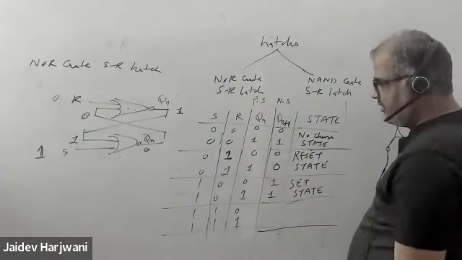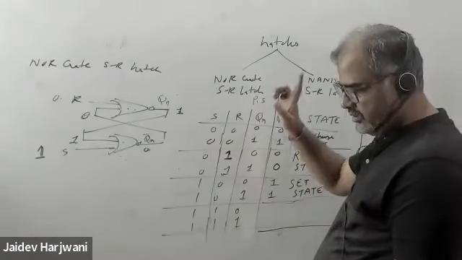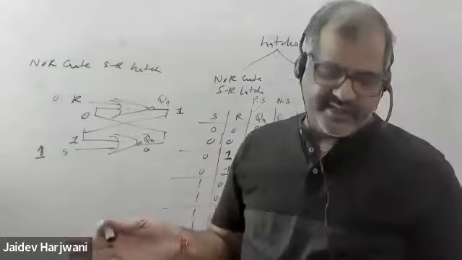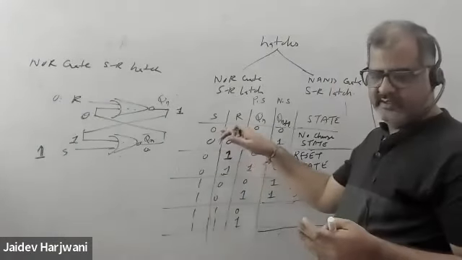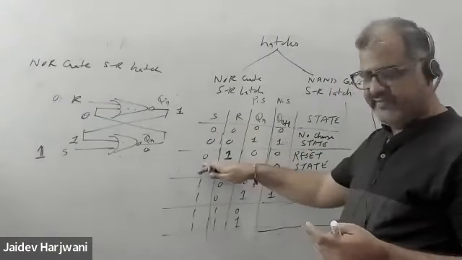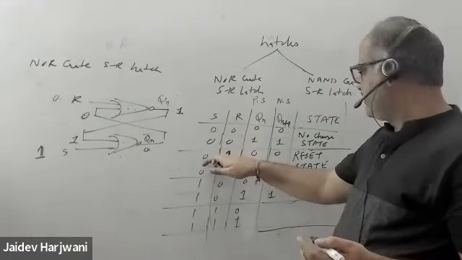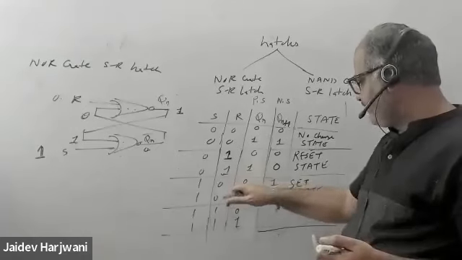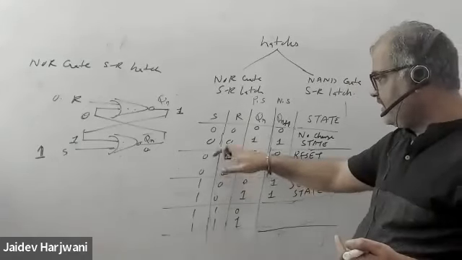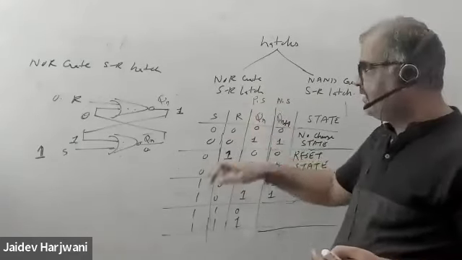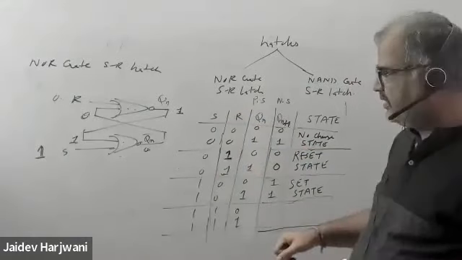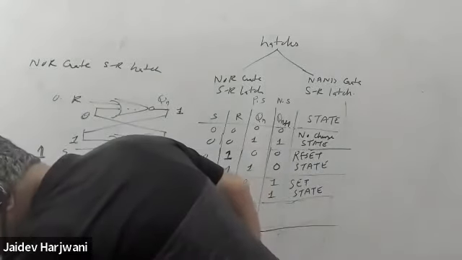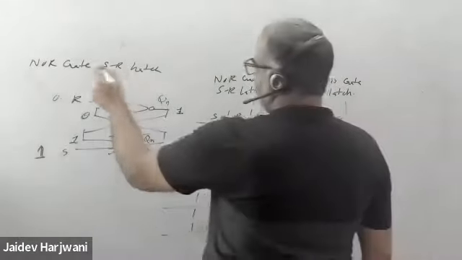So when you have the variables 0, 0, they are ineffective. 0, 0 cannot change the state. That is called the no change state. 0, 1 makes the reset state. If you're giving 1, 0, it is making the set state. That means these variables are capable of changing the state of the latch, of the flip flop. That's why it is called an active high SR latch.